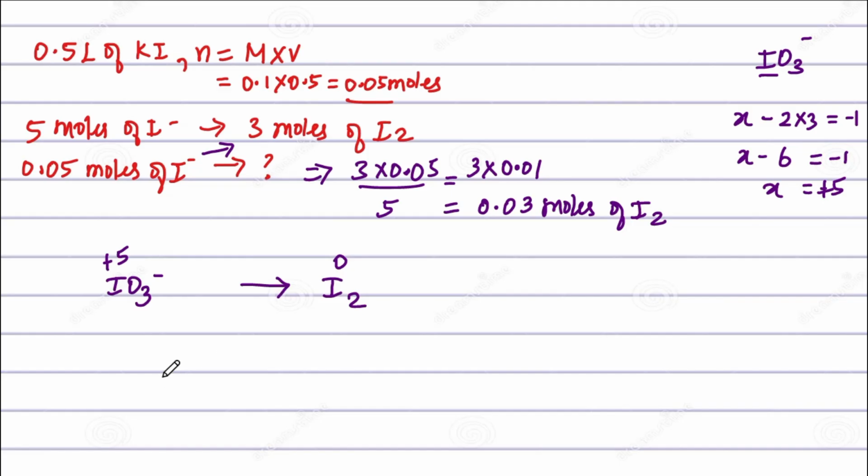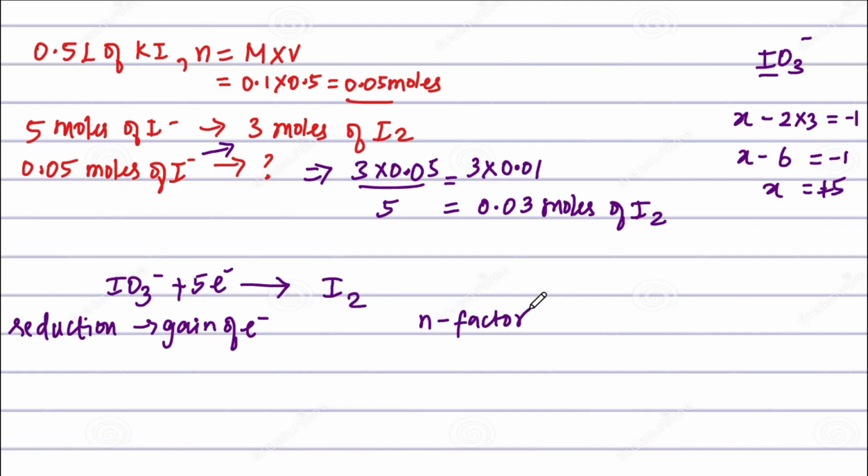From plus 5 it has decreased to 0, so obviously it is reduction. Reduction is gain of electrons. How many electrons are gained? That is the change in oxidation number, that is 5 electrons gained by one iodine atom. Here there is no need to balance this equation because we are going to find only the n factor.